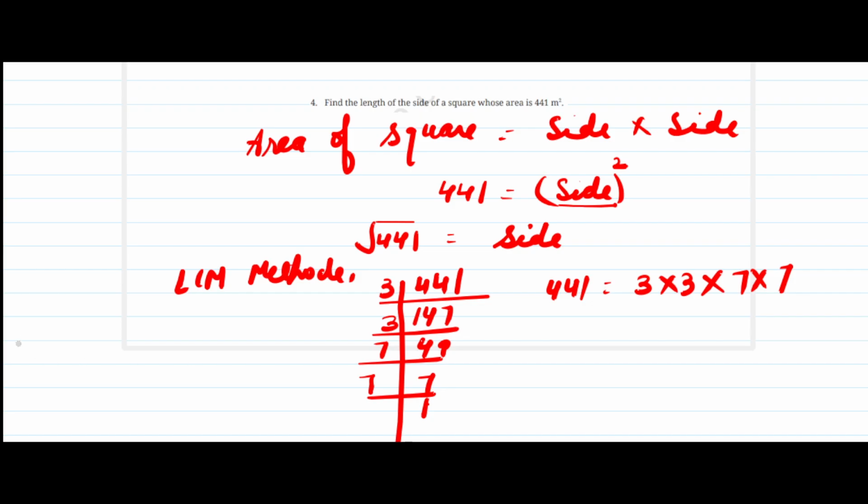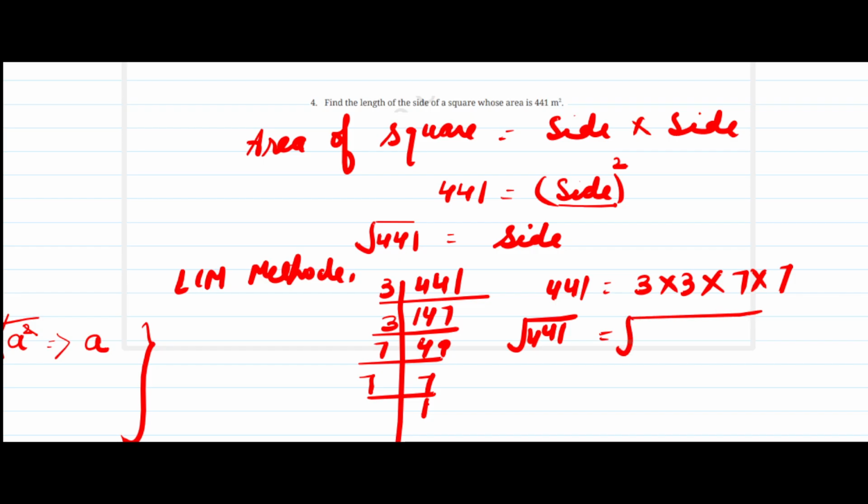One thing I want to share, a thing to remember, is that when you have square and under root together of any term, they will be cancelled with each other and it will lead to the single term. Okay. So here under root of 441.